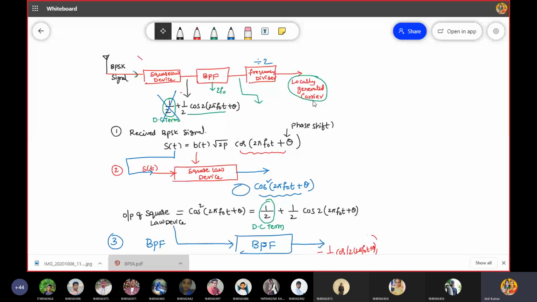And it is also identified that the locally generated carrier frequency is equal to the transmitter carrier frequency. Therefore it is concluded that this type of demodulation is called coherent demodulation or synchronous demodulation.